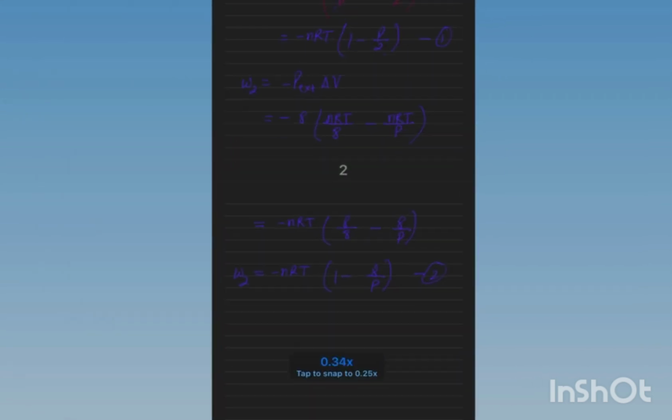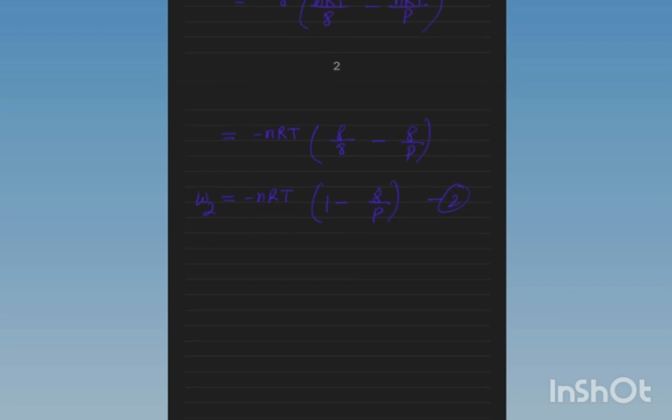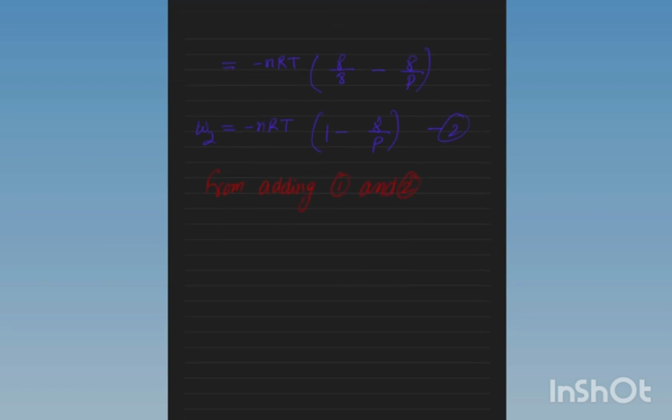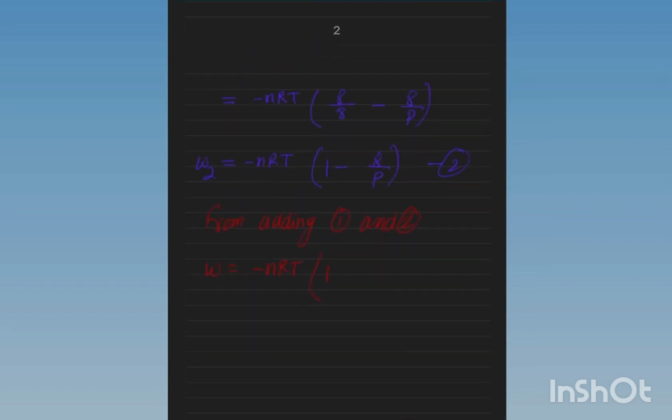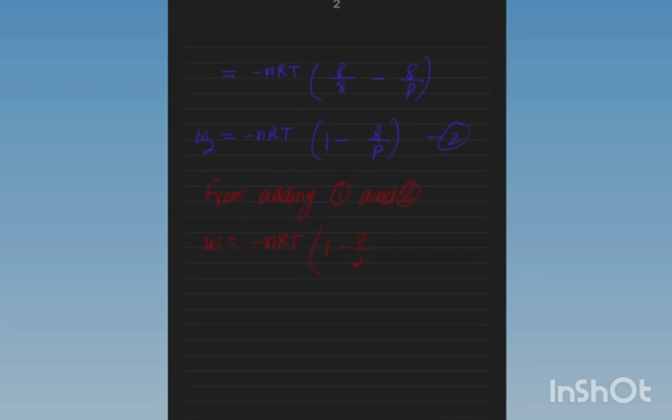So now we have two equations, 1 and 2. From these two equations, when we add 1 and 2, we will get W, which is minus nRT (1 minus P by 2) plus (1 minus 8 by P).